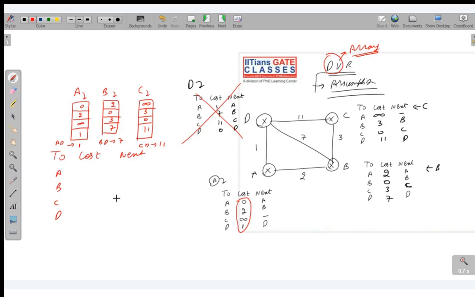Are you getting it? Similarly, A to B cost is 2. But if AD cost is also added, then D to B cost will become 2 plus 1, that is 3.